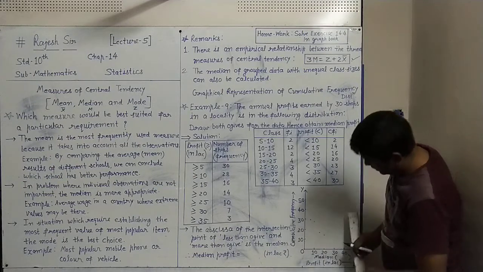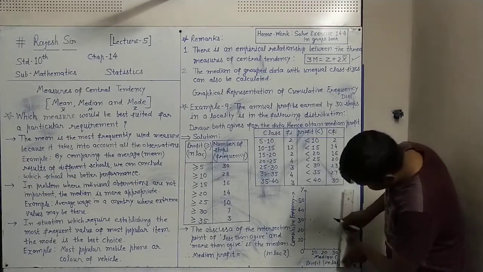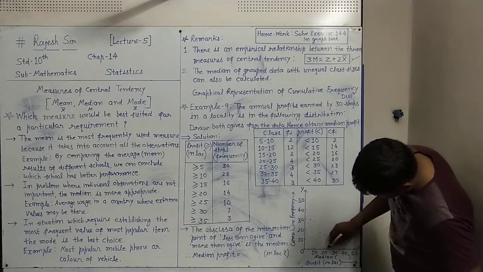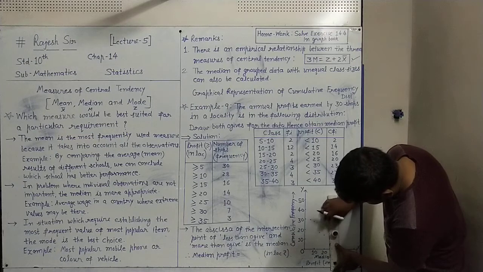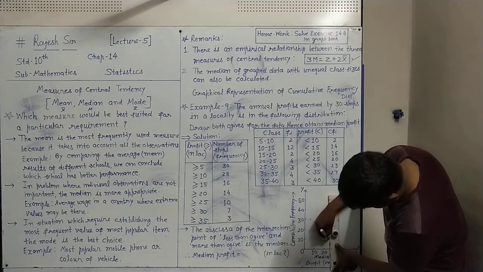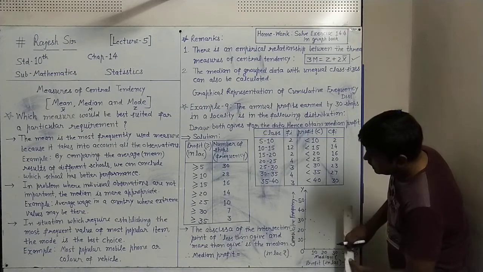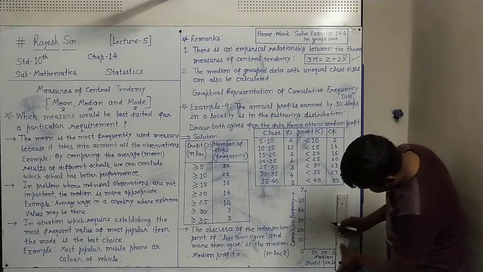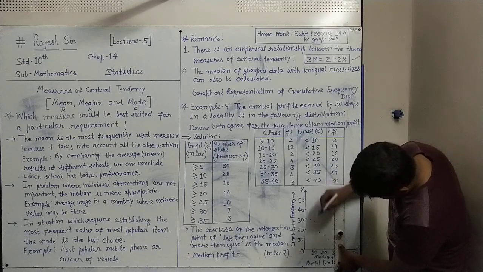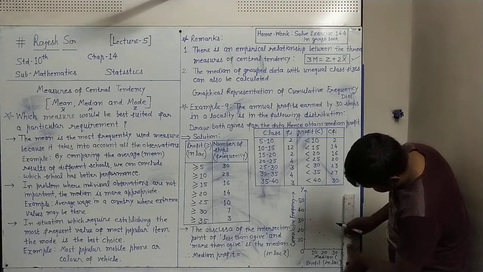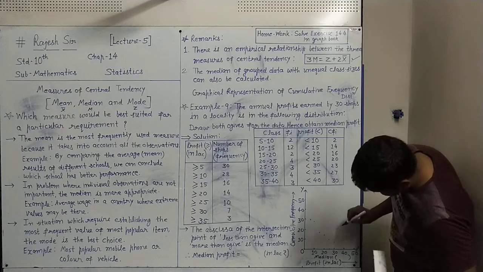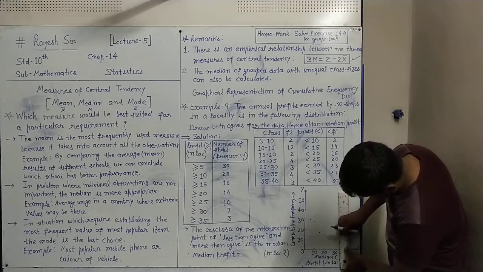This is the point. Then 25, 10. 25 is between 20 and 30, and 10, what's the height? This. Then 30, 7. 30 on the x-axis and 7 on the y-axis, that is 10 minus 3. This is the point. Then 35, 3. 35 means between 30 and 40, and 3 means 0, 1, 2, 3.